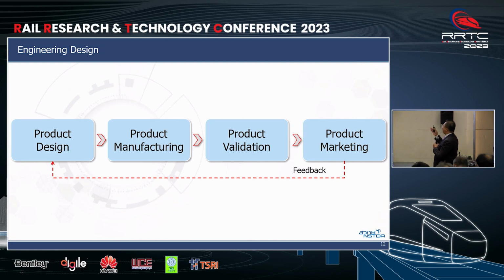That's why the process starts from product design, product manufacturing, product validation, and then product marketing. We hope that after the product is used in the market, we can get feedback for improvement of the next generation of the bogie.